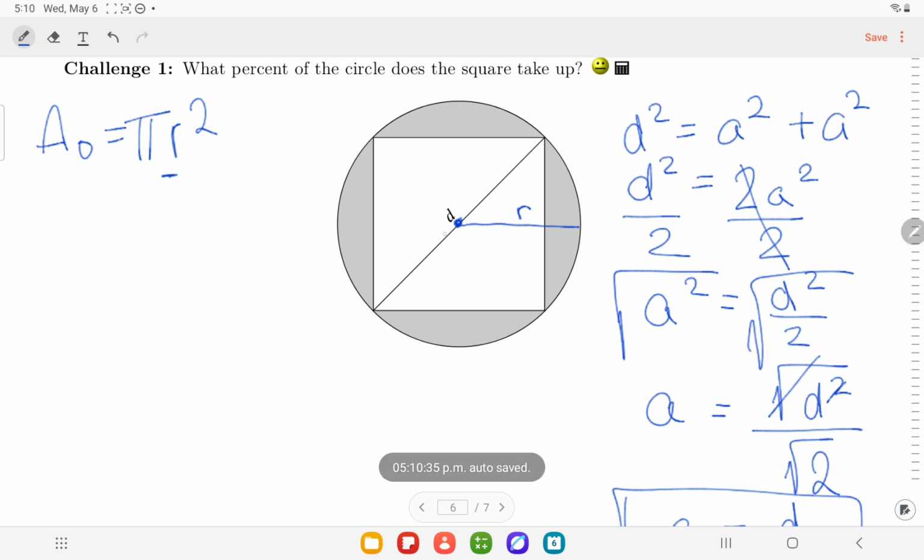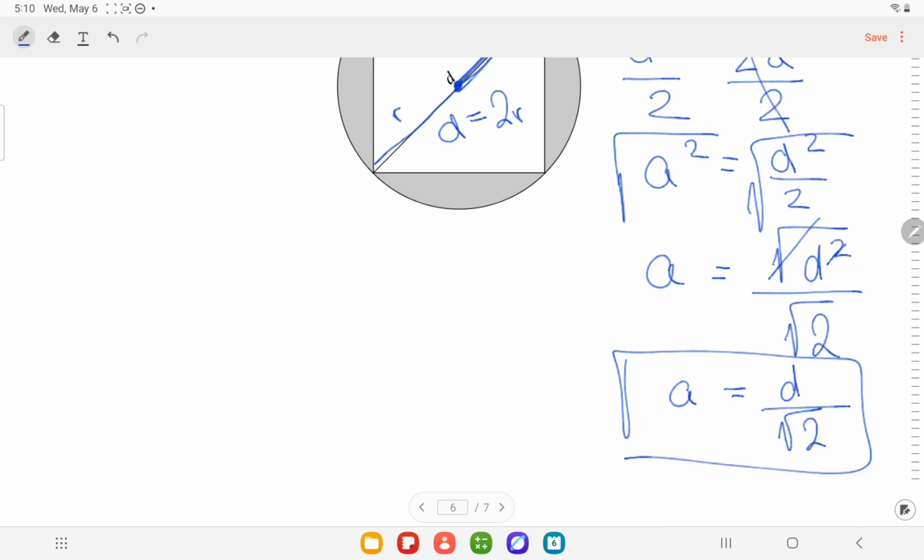The r is also this point to here. It can be from anywhere on the circle. So this is also r. So looking at it this way, we can see that the diameter is 2 r's because this is 1 r and then this is another. So the diameter is 2r. And that's something we can substitute into here.